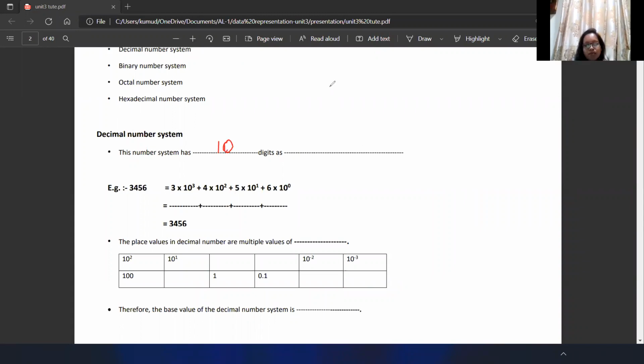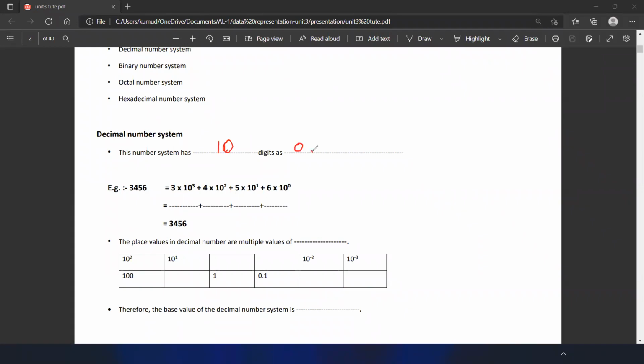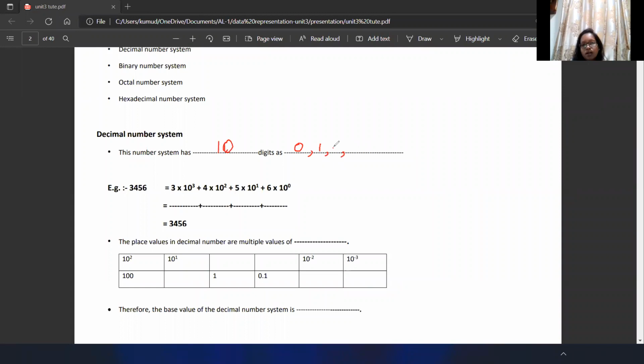You have to mention what the digits are here. 0, 1, 2, 3, 4, up to 9, you have to write everything. All the 10 digits you have to mention here.